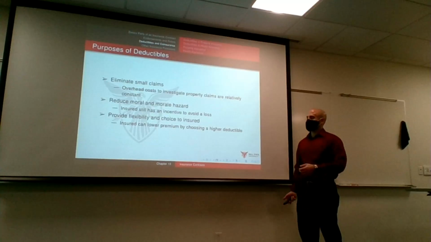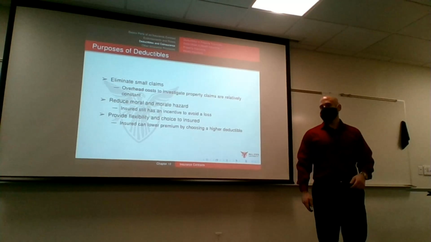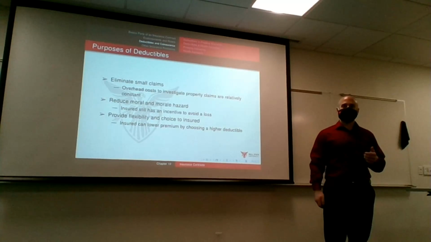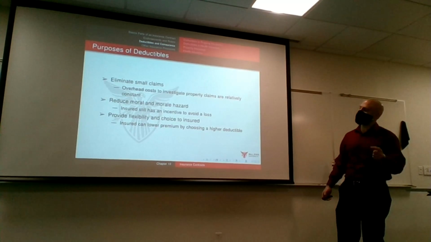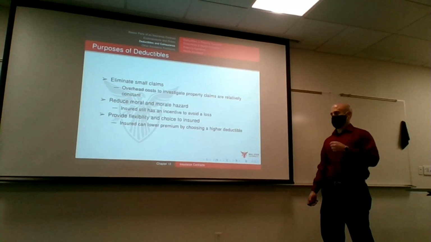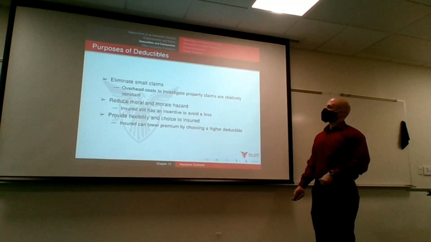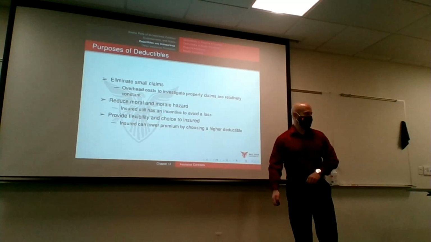And then there's some flexibility. Maybe I'm like, okay, I want my deductible to be $2,000. It'll drop my premium. Maybe I want that. So it allows for some choice. We see that in coinsurance too, though oftentimes coinsurance is not selective from the policyholder side. But these kind of hold true, at least for the moral hazard and flexibility for coinsurance as well.